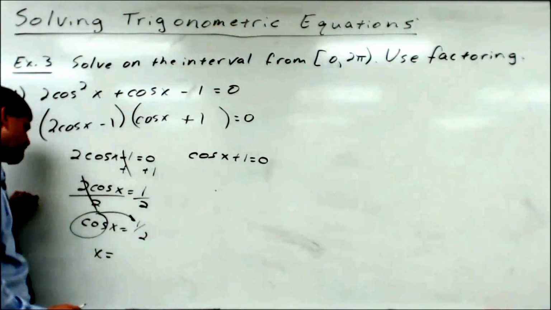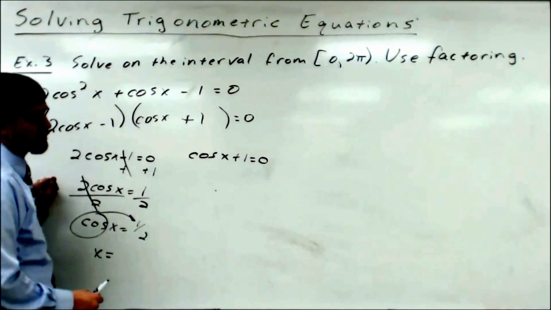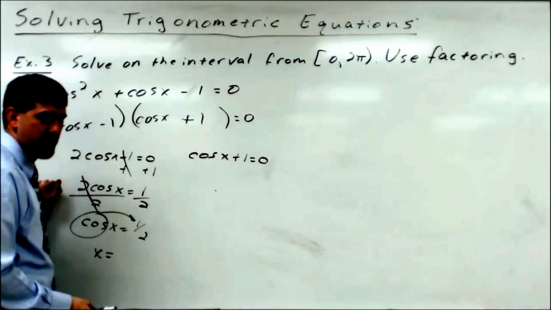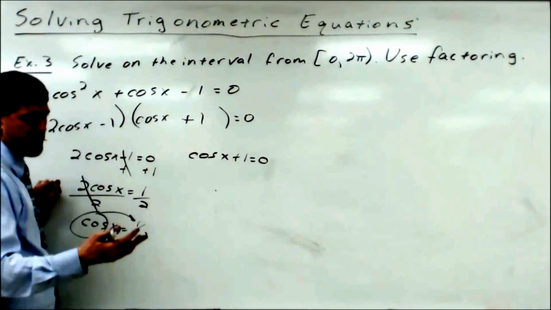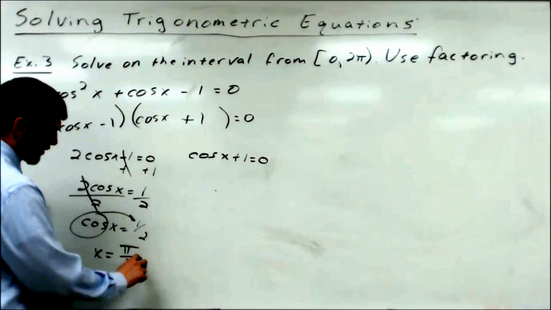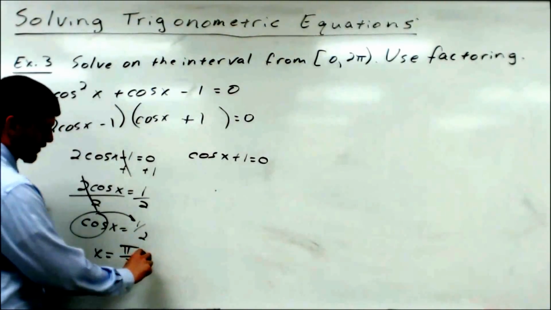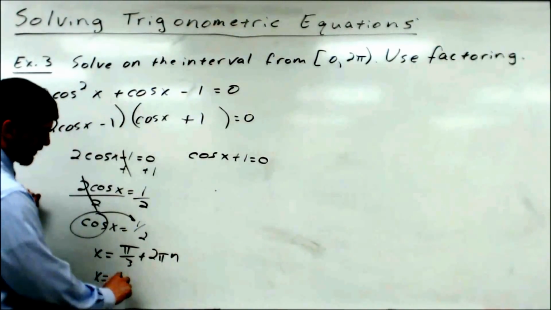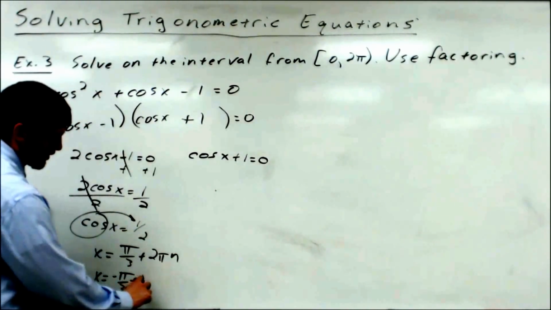So x is equal to the inverse of cosine. Cosine's adjacent. Adjacent to 1 is the 60-degree angle. So 60 degrees would be pi over 3, assuming my arithmetic is correct. So pi over 3 plus 2 pi n, and negative pi over 3 plus 2 pi n.